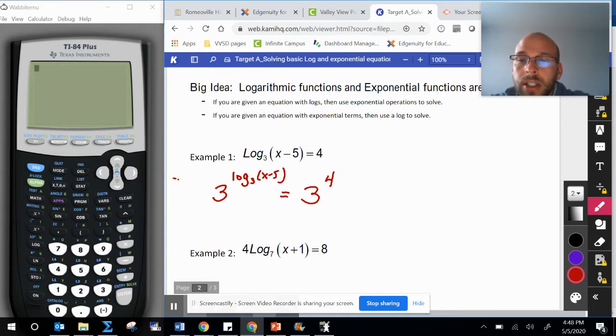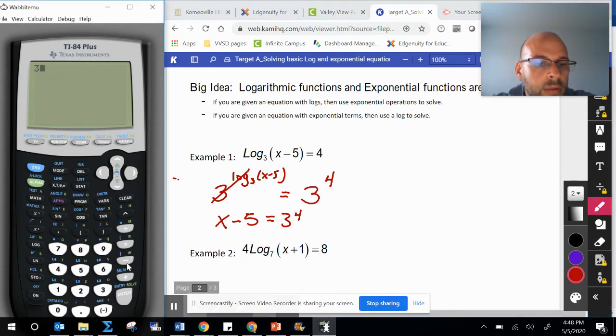Okay, so now I mentioned that logs and exponentials are inverses. If the base of your power matches the base of your log, those cancel, and I'm just left with x minus 5 equals 3 to the 4th. Now I'm going to use my calculator on the right-hand side. I'm going to say 3 to the 4th power, and that's going to be 81.